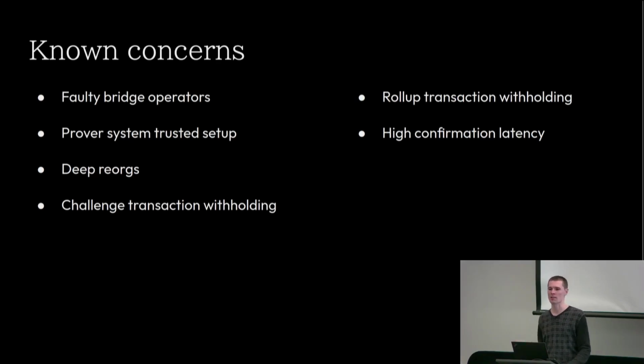But other designs do batches less periodically, maybe once an hour, maybe a couple times a day, just because of how expensive the proving process may be. And so you could have even higher confirmation latencies if you're waiting for that final Bitcoin confirmation.